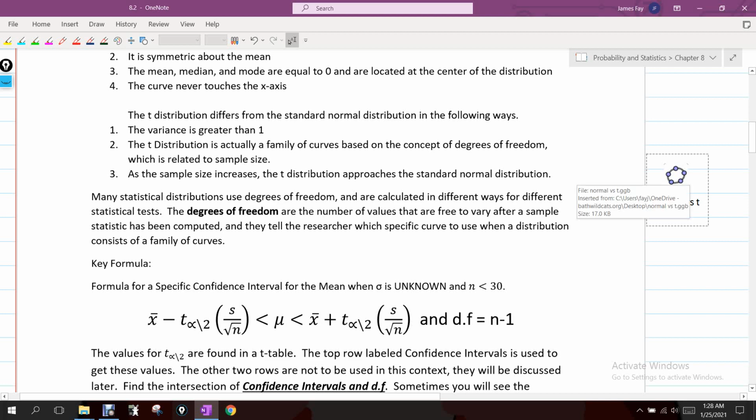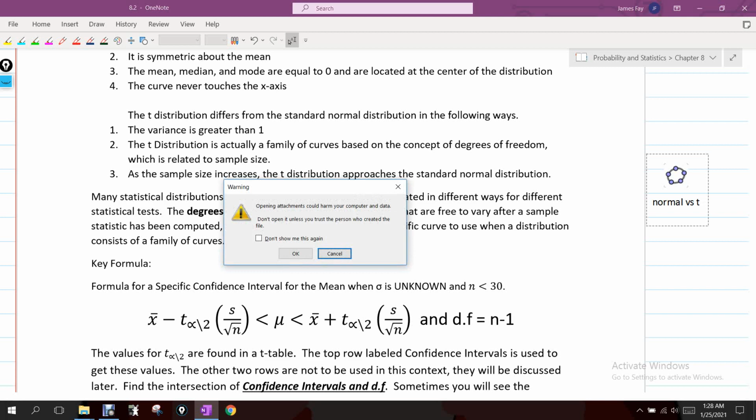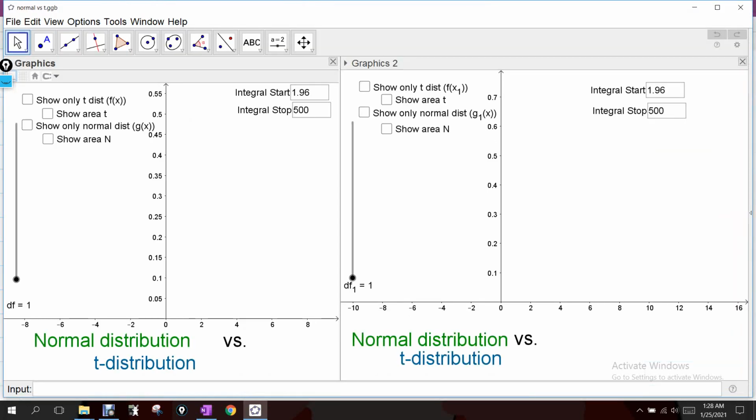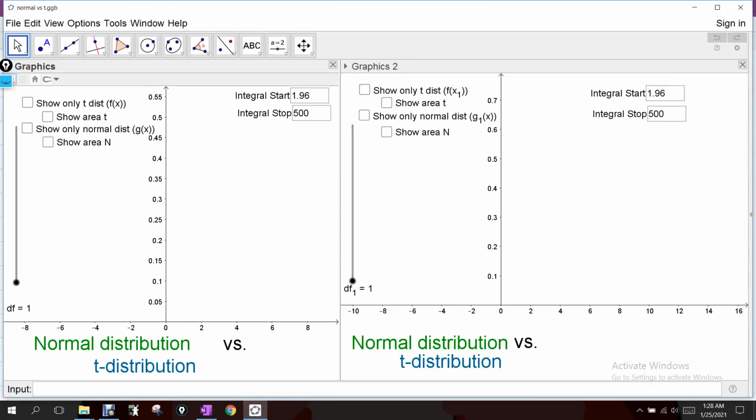All right, so I just want to take a peek here at what the normal versus the t-distribution looks like. Okay, so I spent some time making this GeoGebra to hopefully get you to see the difference between the two. This basically puts in two distributions here.